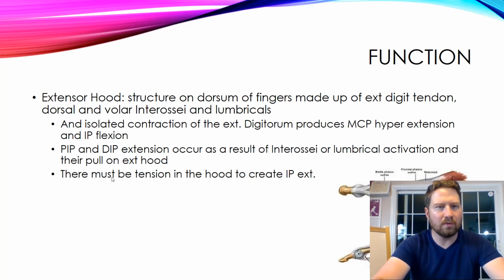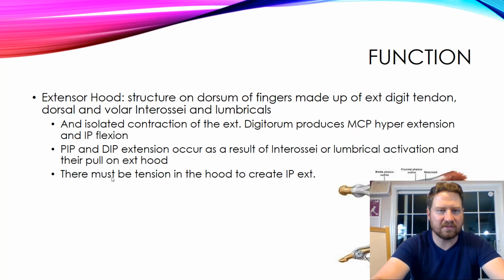Okay. We know what the extensor hood is. That's a structure on the dorsum of the fingers made up of the extensor digitorum tendon, the dorsal and volar interossei, and the lumbricals. In an isolated contraction of the extensor digitorum, it produces MCP hyperextension and IP flexion. Okay.